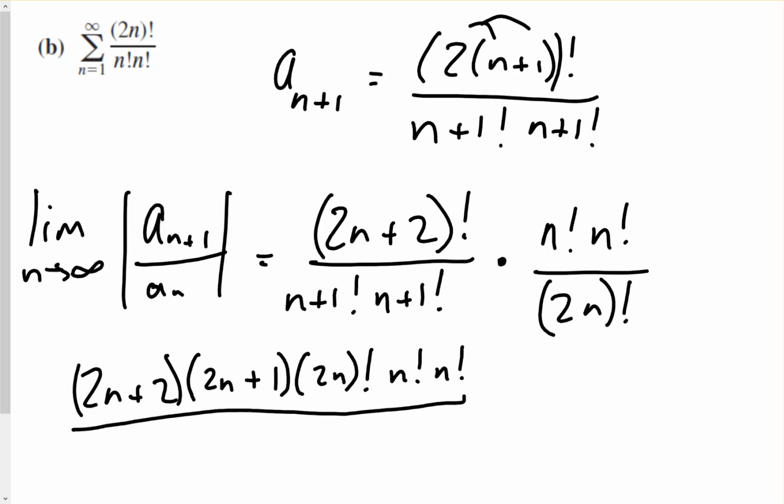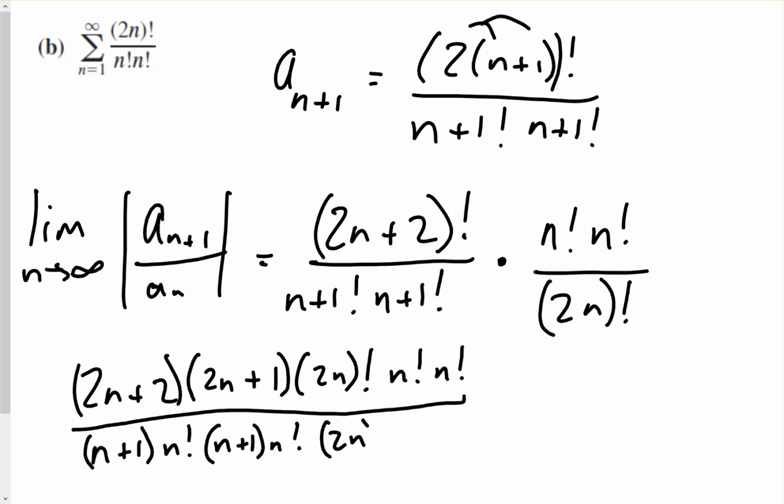Okay, denominator, I have n plus 1 factorial, so the n plus 1 factorial means I have n plus 1 times n factorial, and then for the other n plus 1 I have another n plus 1 times n factorial. Okay, and I still have the (2n) factorial there.